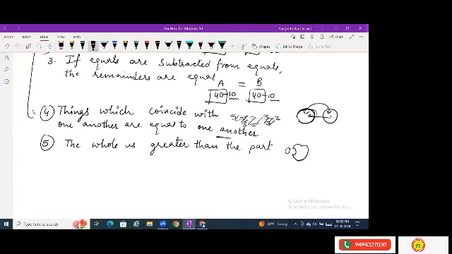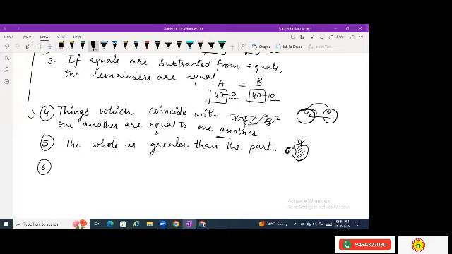So I have taken out a fraction of this. It says the whole is always greater than its part. This big apple is always greater than its small part. So the whole is greater than the part. That's obvious only.